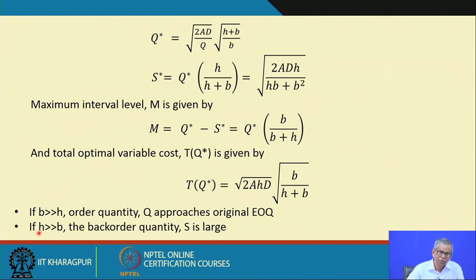But if holding cost is substantially greater than B, the backordering quantity S is large. That means if this condition holds, almost the entire amount you keep as a backordering. You don't keep any stock.